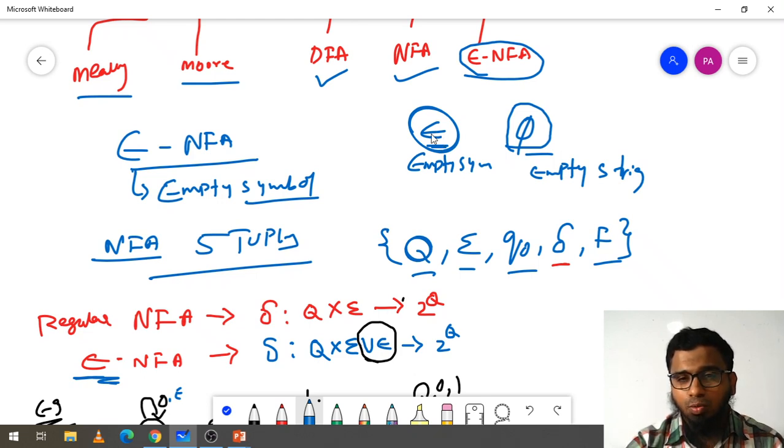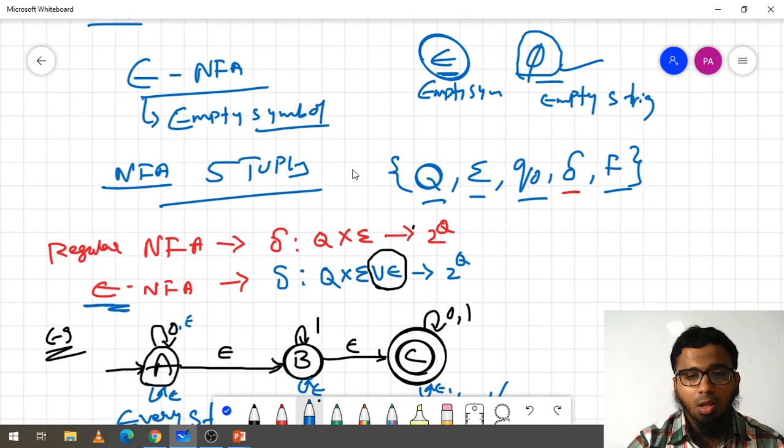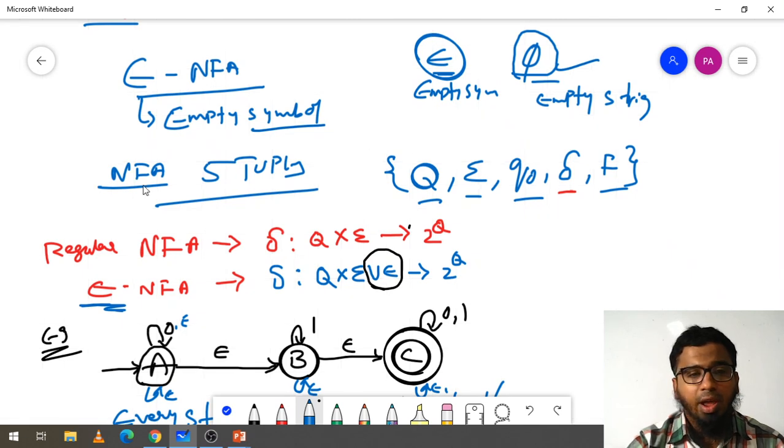Whenever we have an epsilon it will go to itself, or it will go to the next state also. But in the phi, whenever we get the phi, we cannot perform any kind of operation on the phi. So remember this, that is also empty and this is also empty. Here you can say null.